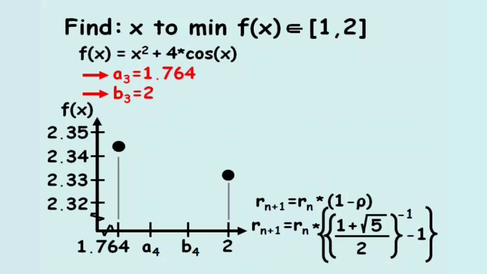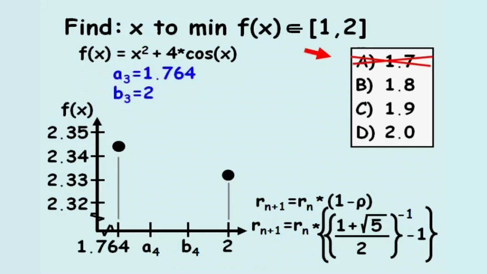After reducing our range again, and assigning a3 to 1.764 and b3 to 2, we notice the value x equals 1.7 is no longer a candidate as a solution, because it falls outside our range of values. Next, we'll compute a4 and b4, which equal 1.854 and 1.910, respectively.